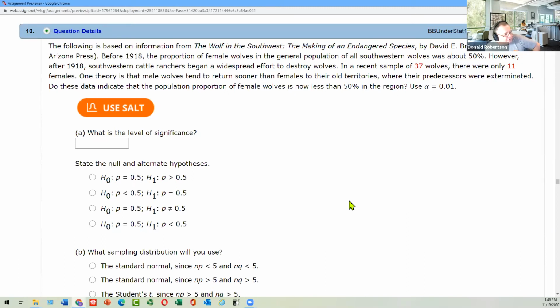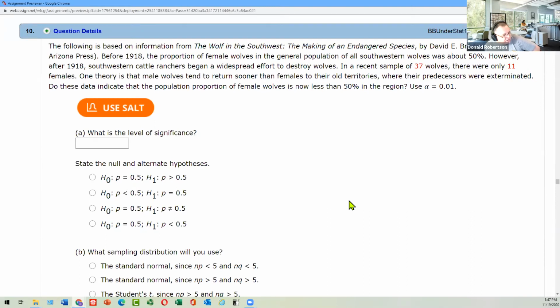There was a large-scale reduction in wolves by hunting them, I'm assuming, and killing them in various ways. And instead of 50%, they believe that that has changed significantly, so that the population of wolves now has a lot fewer females than 50%. And in this story, 11 out of the 37 that they tracked were females.